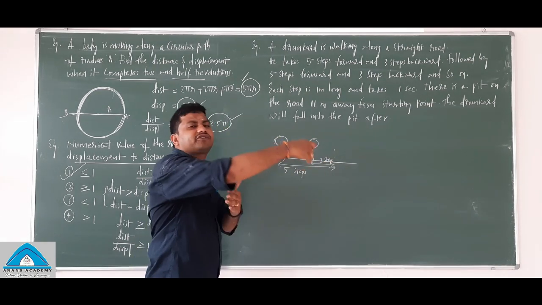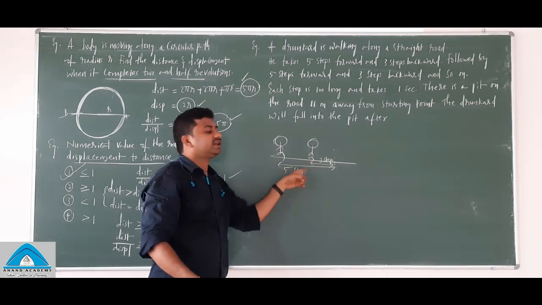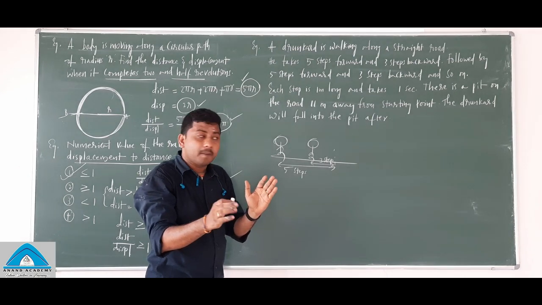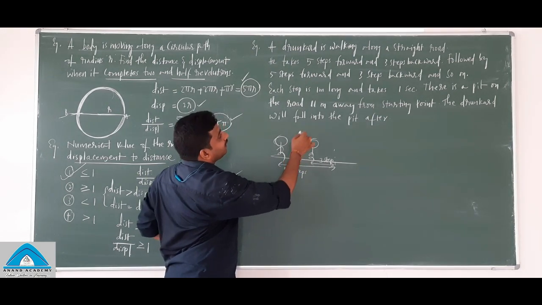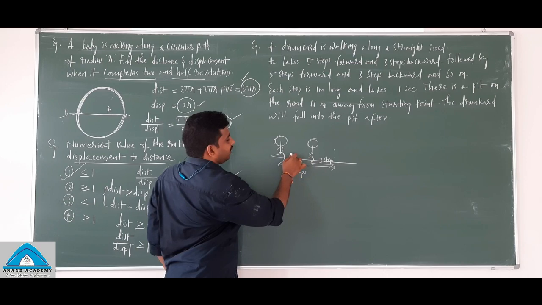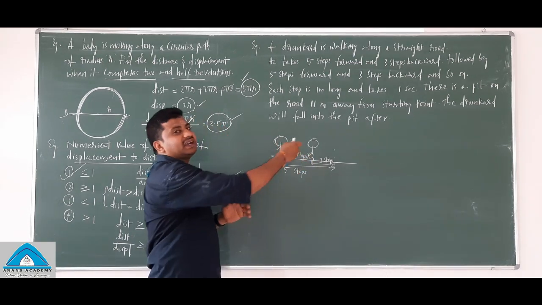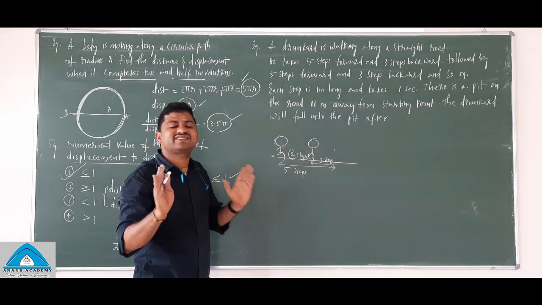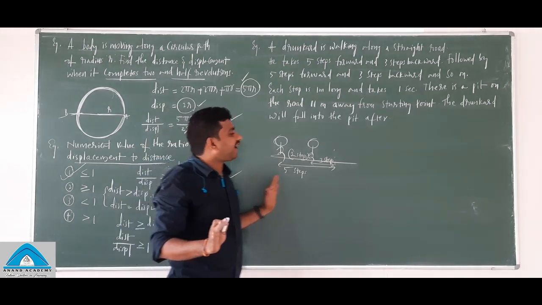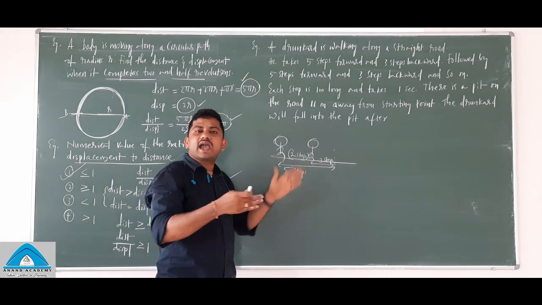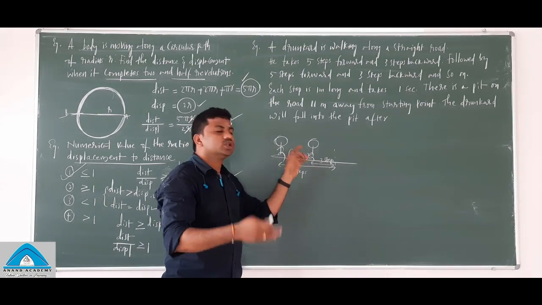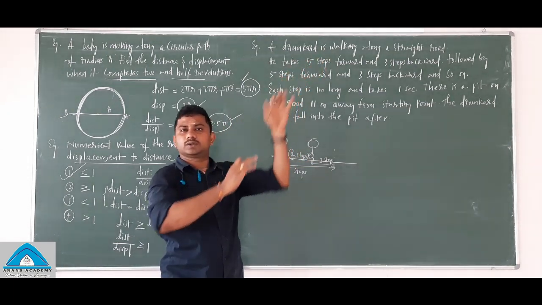So the total number of steps he made is 5 plus 3, 8, right? But he is actually 2 steps ahead from his initial position. Because 5 front, 3 back, actually he moved only 2 steps forward.